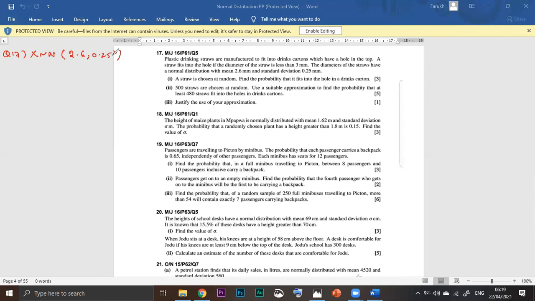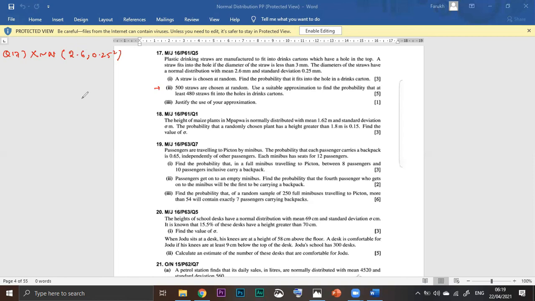So the variance is 0.25 squared. Now part B. 500 straws are chosen at random. Use a suitable approximation to find that at least 480 straws will fit into the holes in drinks cartons.